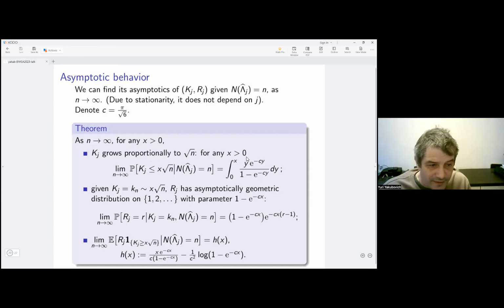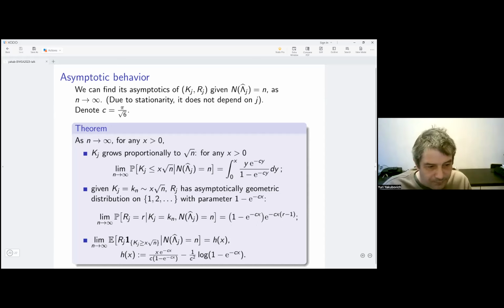So it converges weakly to some random variable with continuous distribution. And if k is proportional to square root of n, then R has a geometric distribution, and it is written here explicitly.